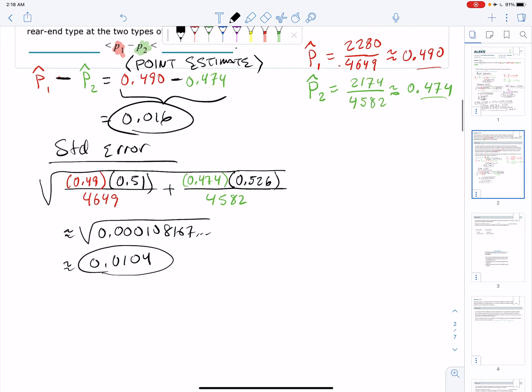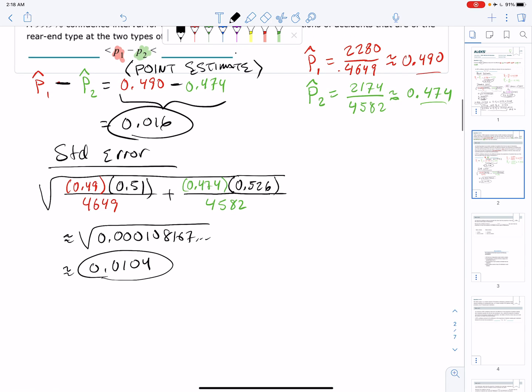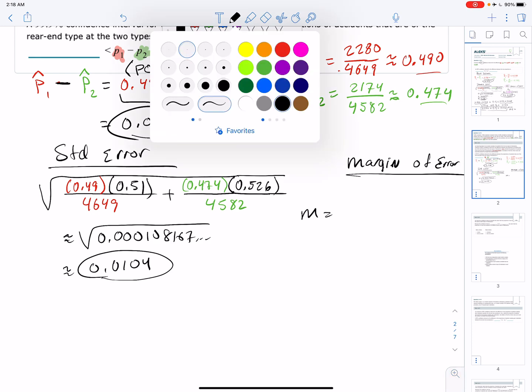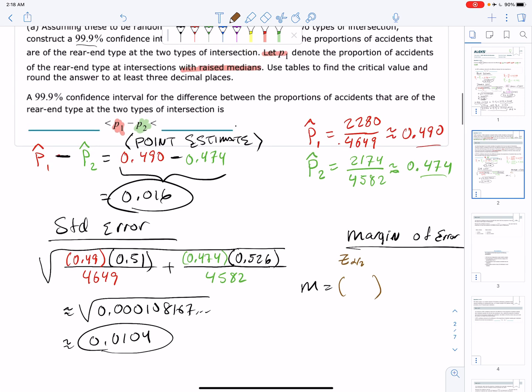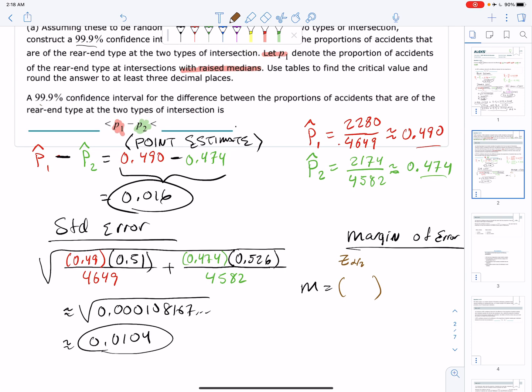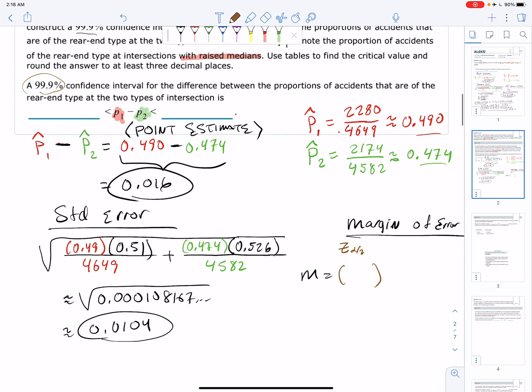Okay, now what I want to do is find my margin of error, and we can use M for that. We need our critical value. Remember, our critical value is z sub half of alpha, and it comes from our confidence level, 99.9%.